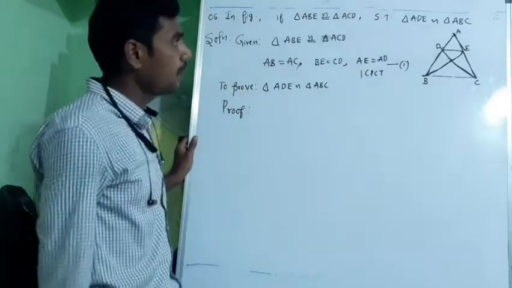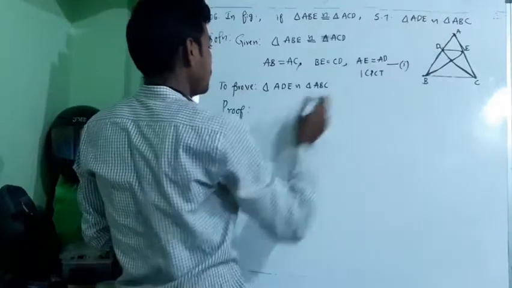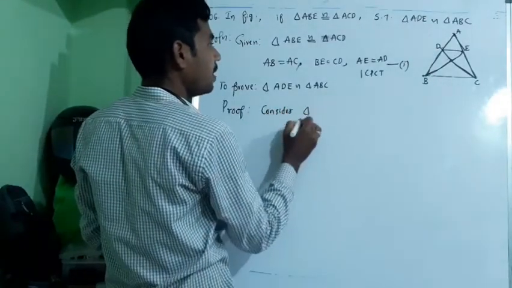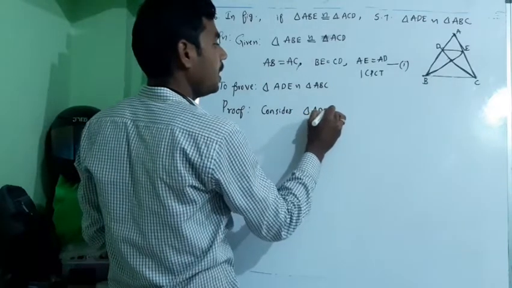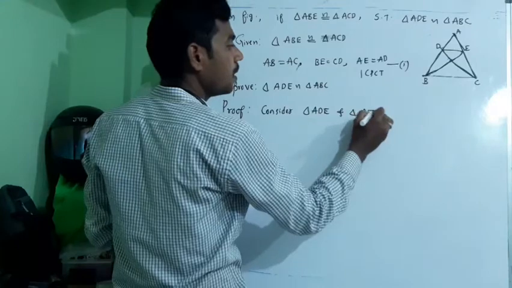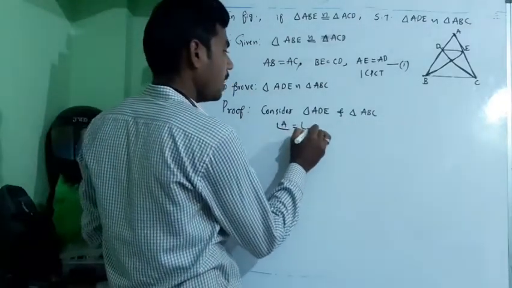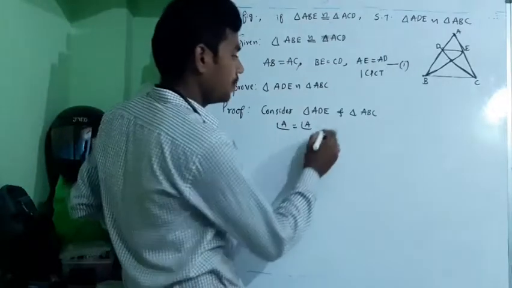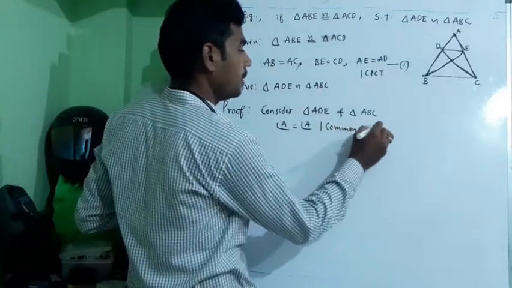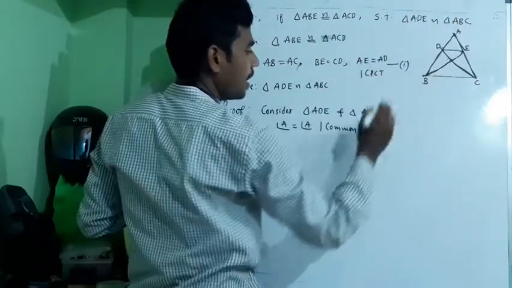In this, which are the triangles that I need to consider? I need to consider these two triangles: triangle ADE and triangle ABC. Now angle A is equal to angle A because they are a common angle. In ADE angle A is there, in ABC also angle A is there.